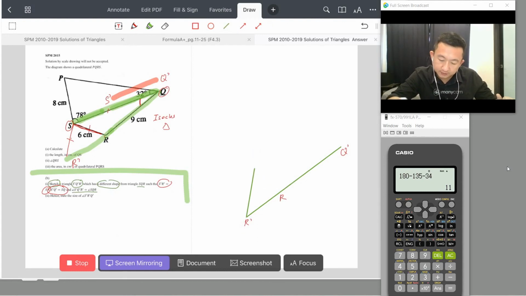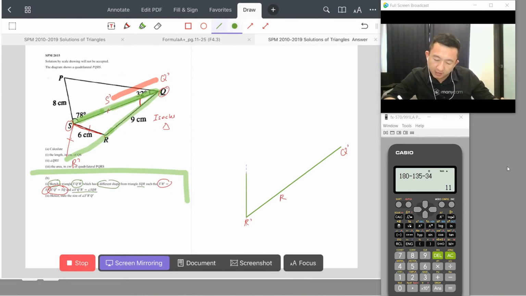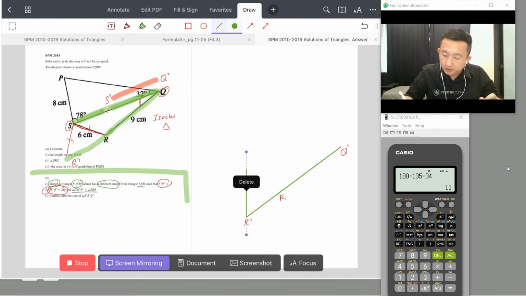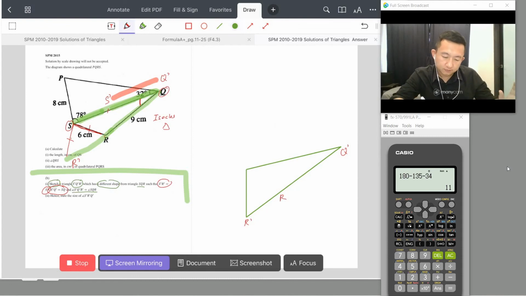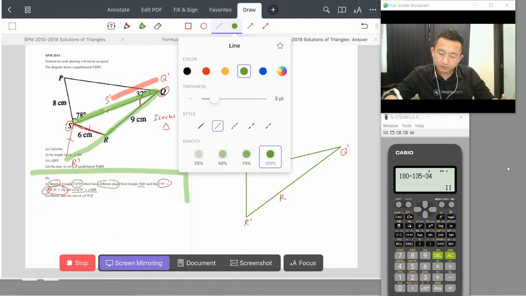Okay, draw again. Isosceles triangle, so maybe it should be something like this, and then you have something like this. Change color, you can put dotted lines. There you go.